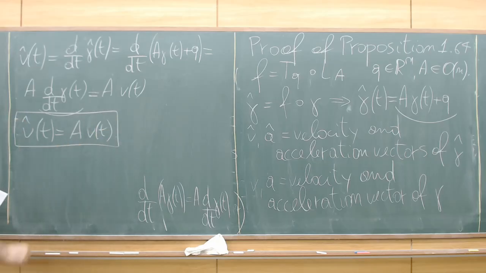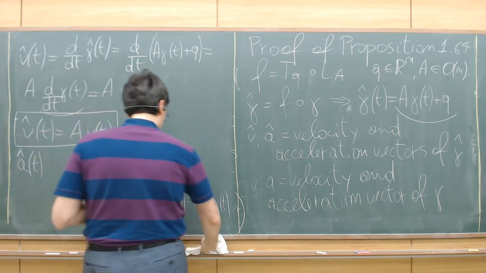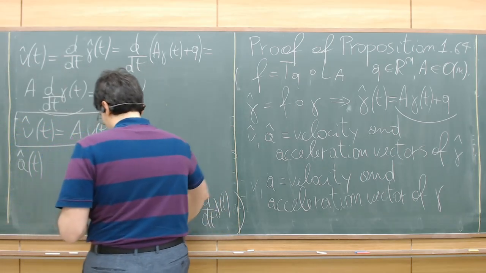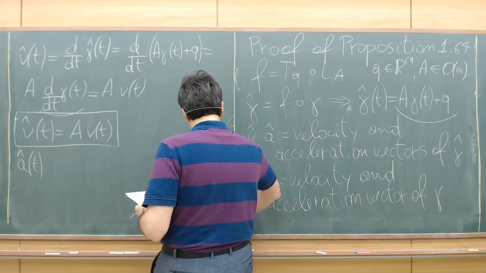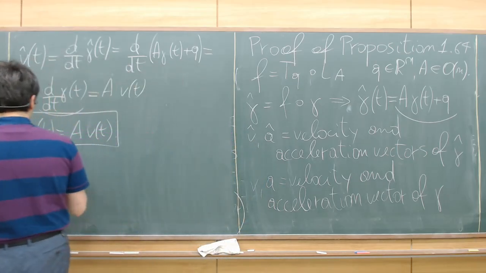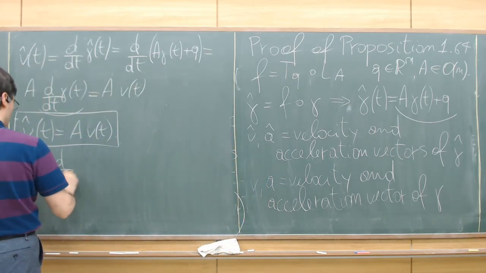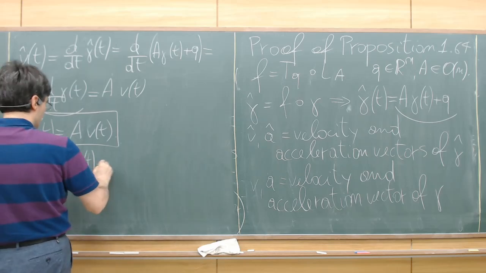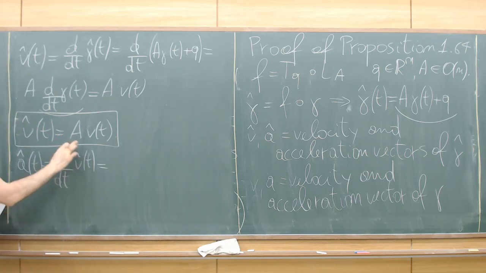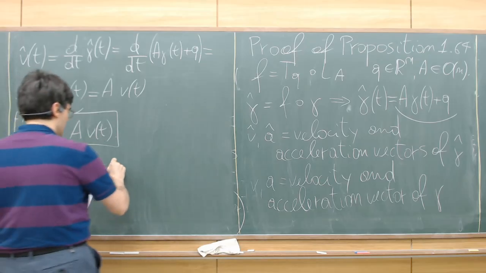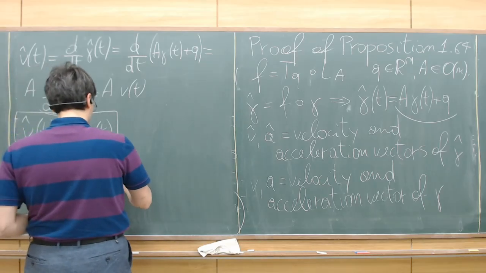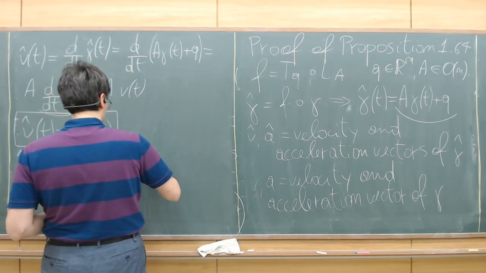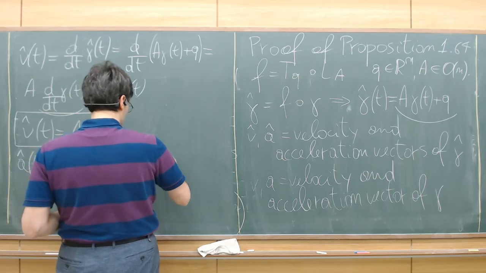What about acceleration? So a hat of t is the derivative of v hat of t, but v hat of t is given by A v of t, so I write d/dt of A v of t.